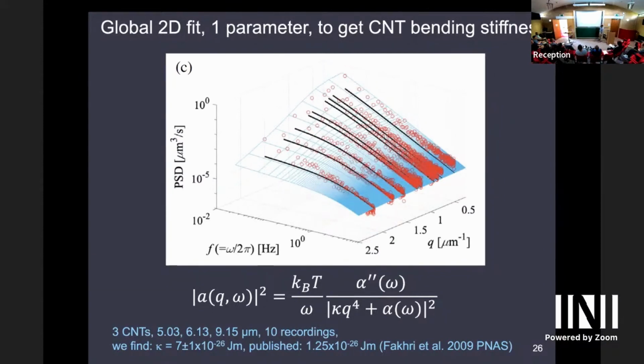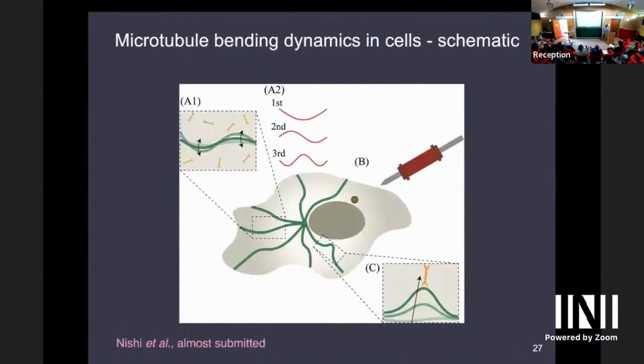So we find about 7 × 10⁻²⁶ N·m², and actually Nicola Fakhri in her PhD thesis with Matteo Pasquali at Rice measured this for fluctuations, and she had 1.2 × 10⁻²⁶. Actually, sorry, I think it was 10⁻²⁵. So this was larger. But it's within a factor of 2. So all of that was just to validate the method.